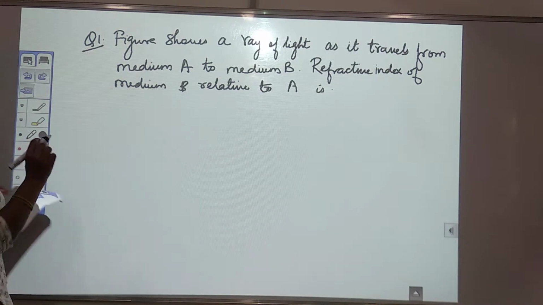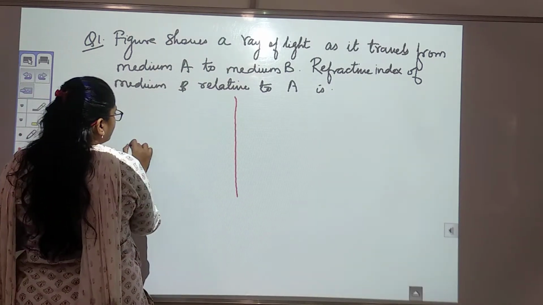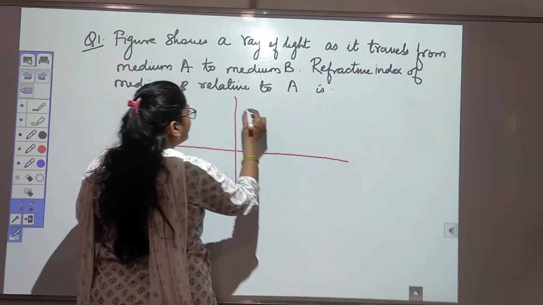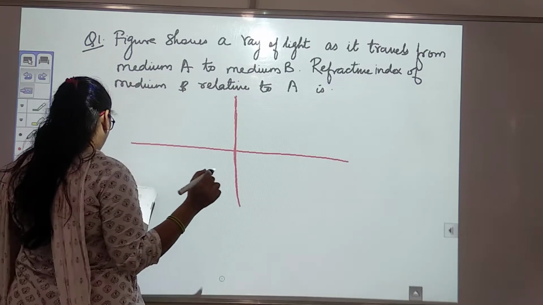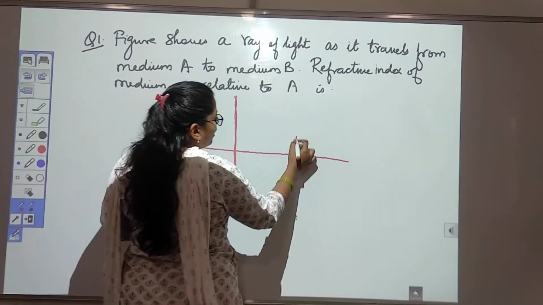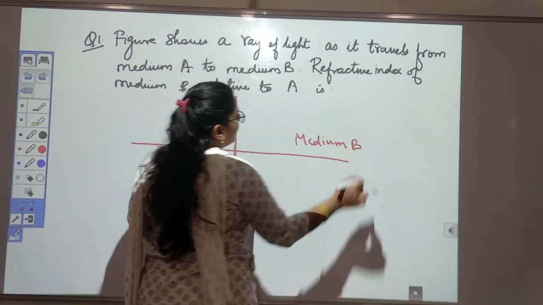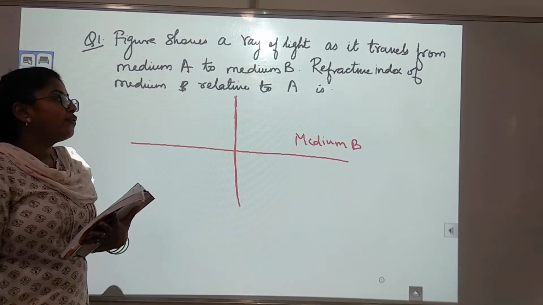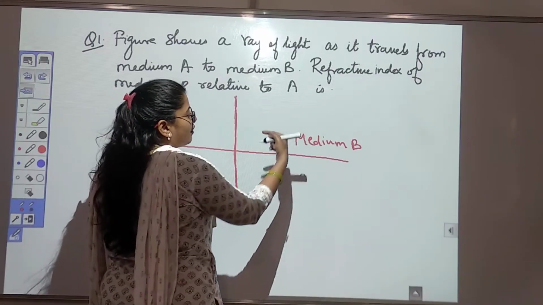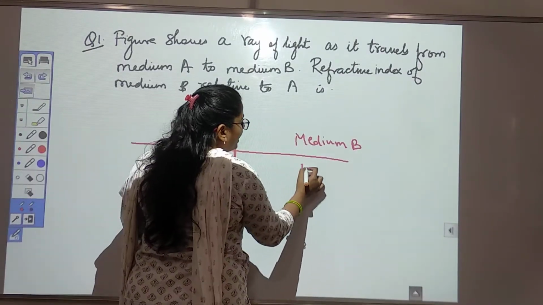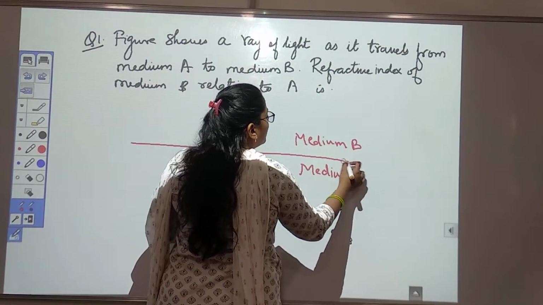It is based on refractive index, but instead of giving the values of refractive index of the media, they have given you a diagram, in which they have put medium B on top. You have to see the diagram very carefully, to see which medium is given where. So here medium B is on the upward side while medium A is below the line.